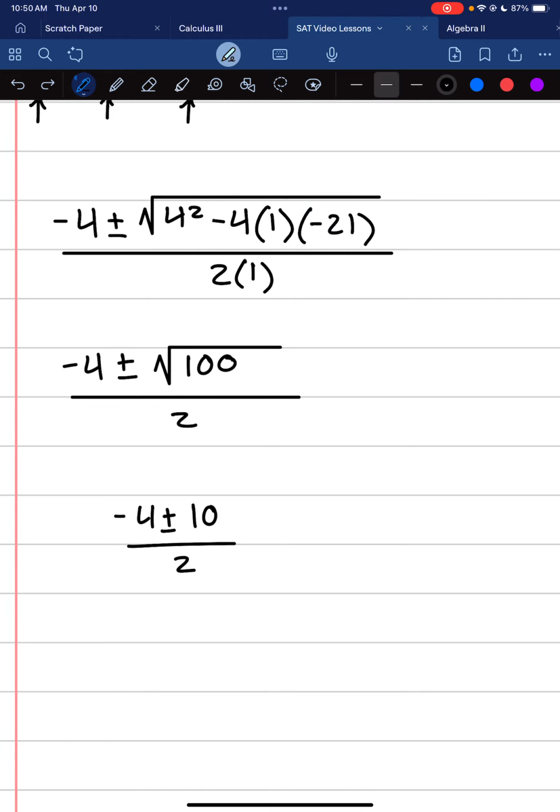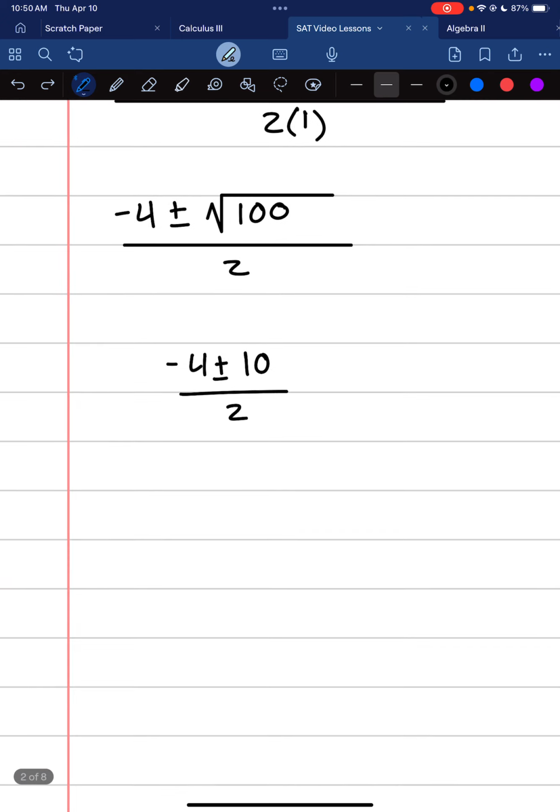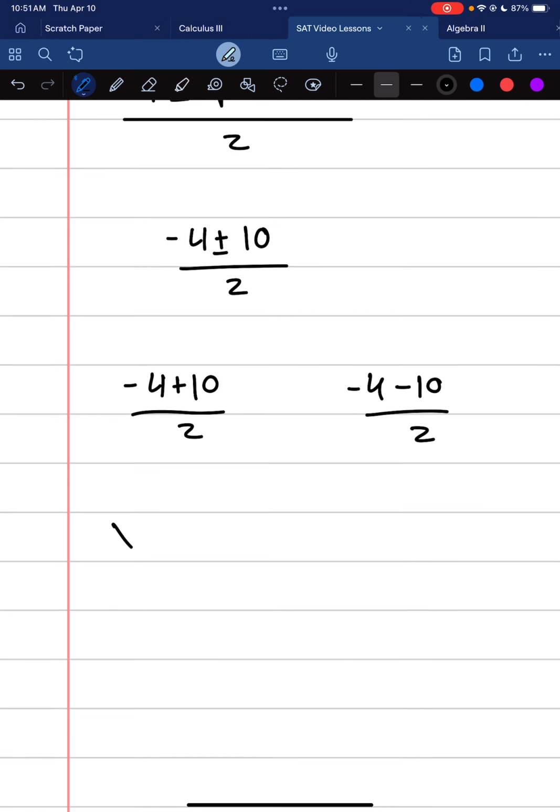We get one solution when it's negative 4 plus 10 over 2, and one when it's negative 4 minus 10 over 2. Then we can simplify it, and we get x equals negative 4 plus 10 is 6, and then over 2 is 3. And for this one, negative 4 minus 10 is negative 14, and then over 2 is negative 7.